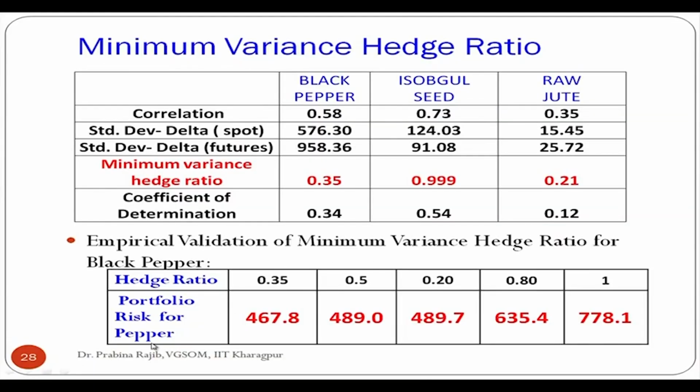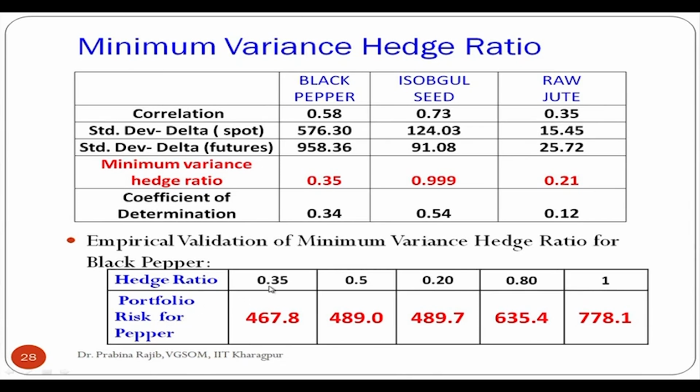To test that, or do a sensitivity test, I took random combinations of portfolio, both spot as well as futures. The second panel of the second table in this slide indicates the various combinations of hedge ratio and portfolio risk for black pepper.